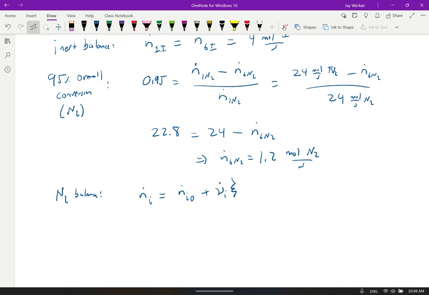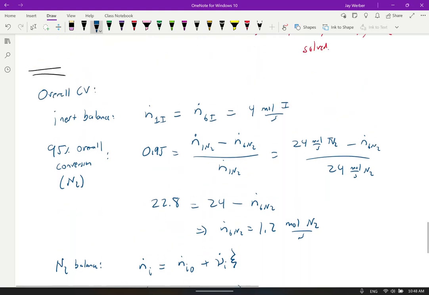And so for nitrogen, this means that N6 N2 is equal to N1 N2 minus 2 times the extent of reaction. Is that true?